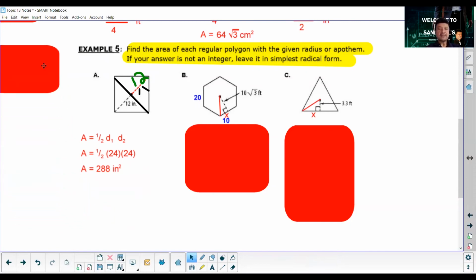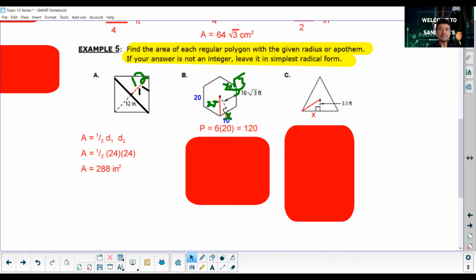Now on this next one over here, we're going to use a little bit of trig. From when we went through our special triangles, this is 2x, that is x, and this was x radical 3. Since we know that x is 10, each of these sides is 20.